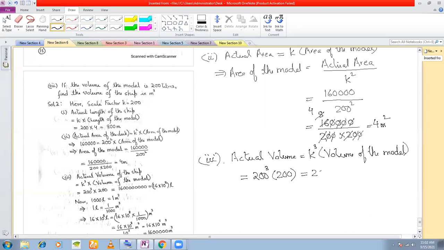This you get as 200 to the power of 4, which is 16, that is 2 to the power of 4, followed by 4 pairs of zeros.